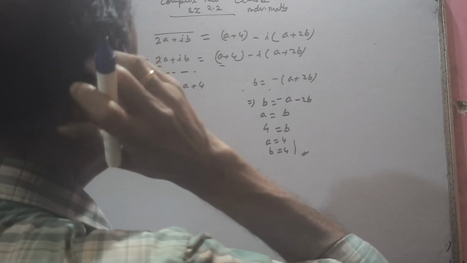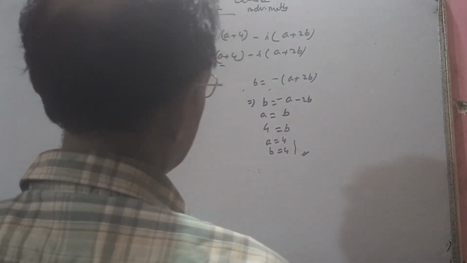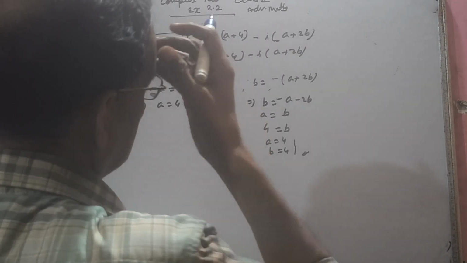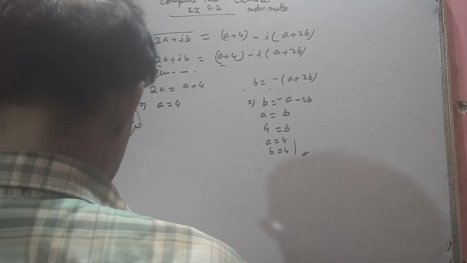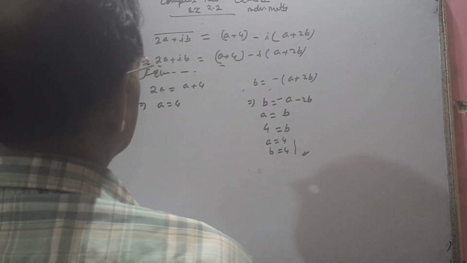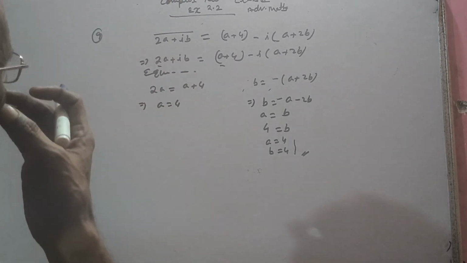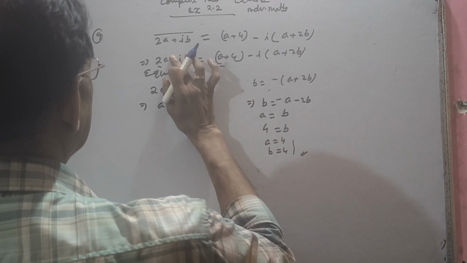Okay, then what will we get here? a equal to, what is the sign here? 2a conjugate will be 2a − ib.